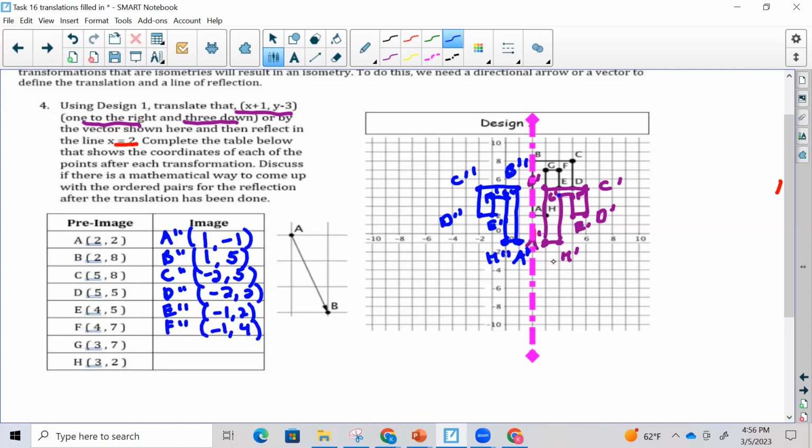My G, which is this point here, is at 0 because this is my y-axis, and then 1, 2, 3, 4. So G is at 0, 4. And then H is at 0, -1.